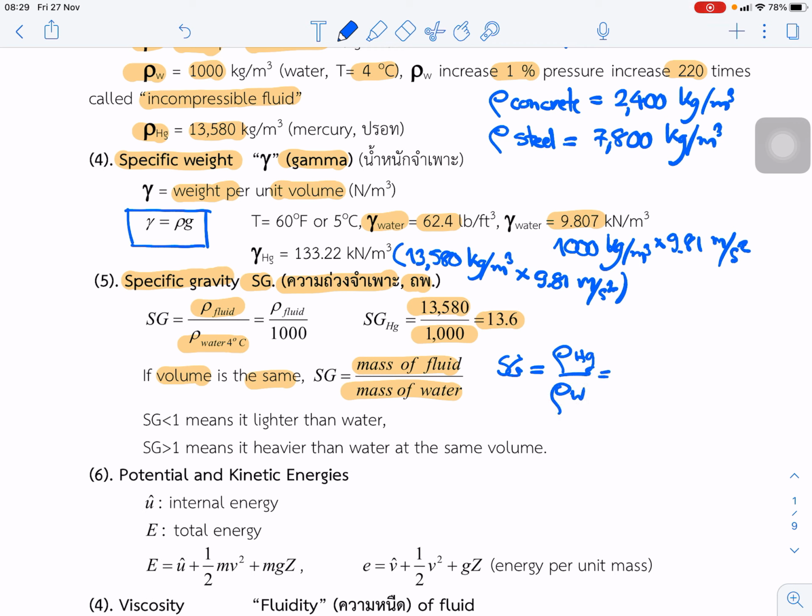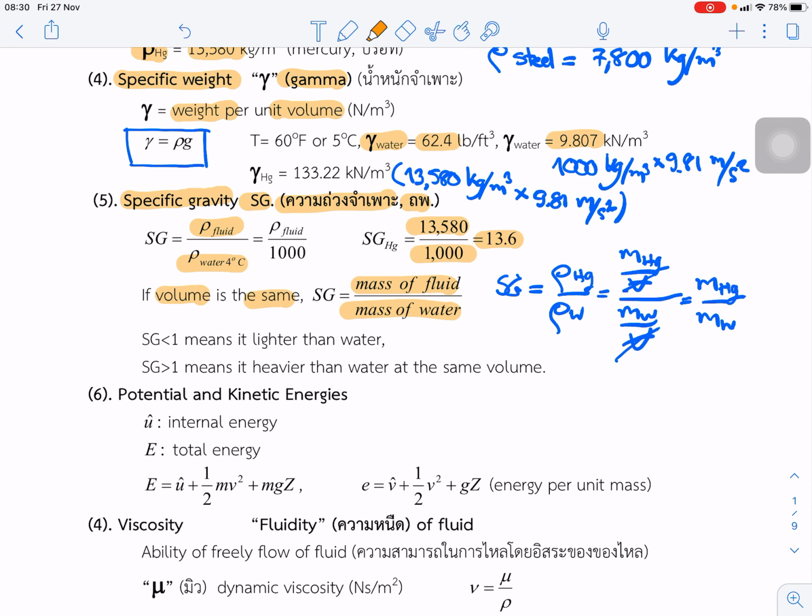If we substitute the definition of density, mass of Hg divided by volume, and mass of water divided by volume, the volume is cancelled. So if the volume is the same, we can use the mass of Hg divided by the mass of water.